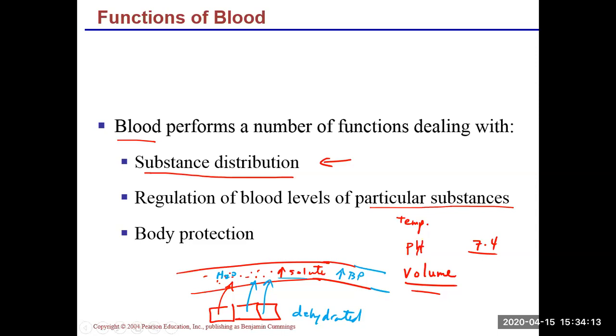The reason why people with too much glucose, hyperglycemic or diabetic, drink a lot of water and go to the restroom more often is exactly the same reason. They get dehydrated, so they're always thirsty. And because you have too much glucose as a solute, your blood pressure is going to go up.